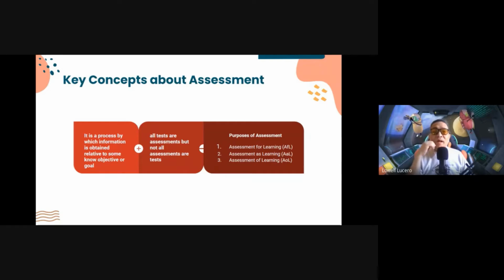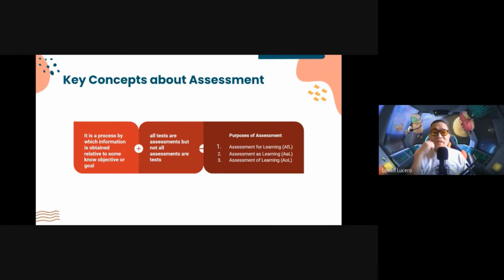Then, according to Black and William, assessment emphasizes the importance of feedback, signifying its purpose. Okay, so assessment dapat may feedback. I hope you have seen also my feedback in your submissions.